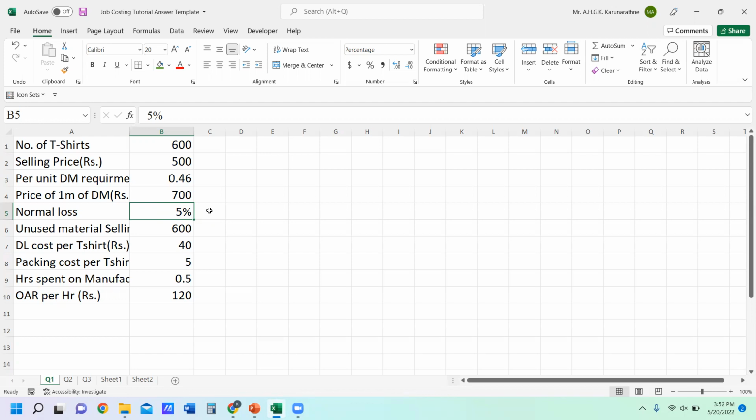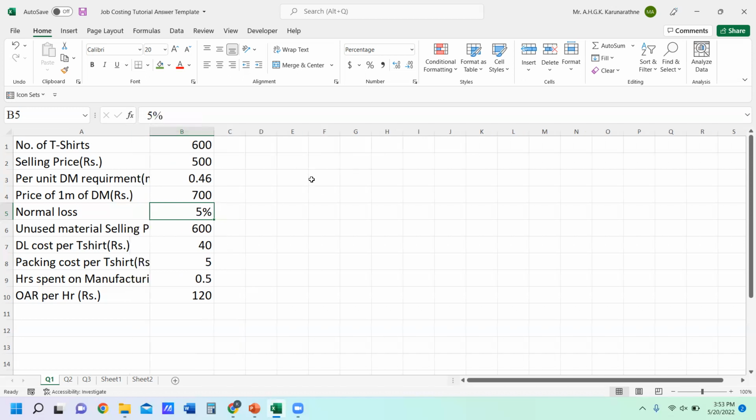No others can copy that, so you can be the market leader, right? So normal loss means losses that are common to all the manufacturers in the industry, losses that are inherent to the production process, losses that are unavoidable, even if you are operating at your fullest efficiency level, right?